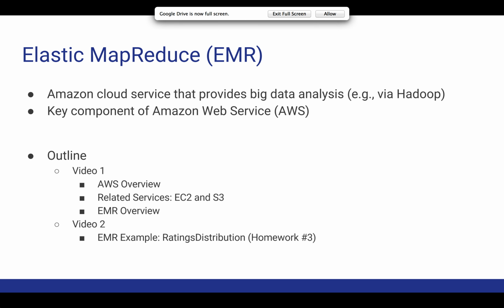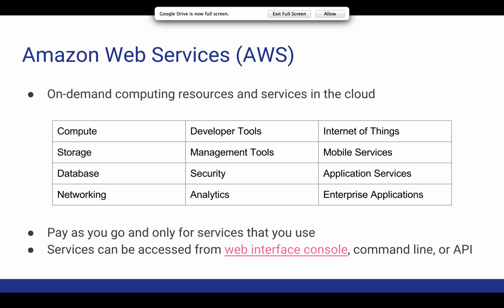There's not really a monthly membership or anything like that. Just because there are 12 different categories and each has many services, you're not going to be charged for those services just because they exist. You're only going to be charged for the ones that you use and only when you are using them.